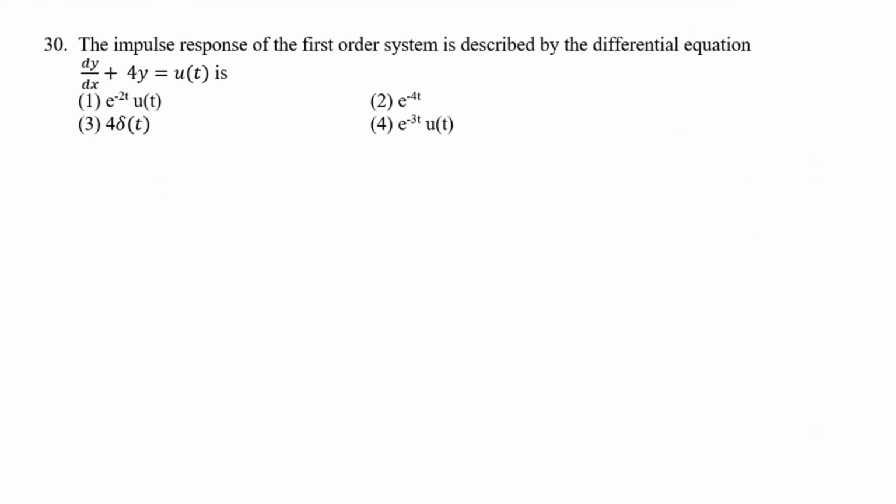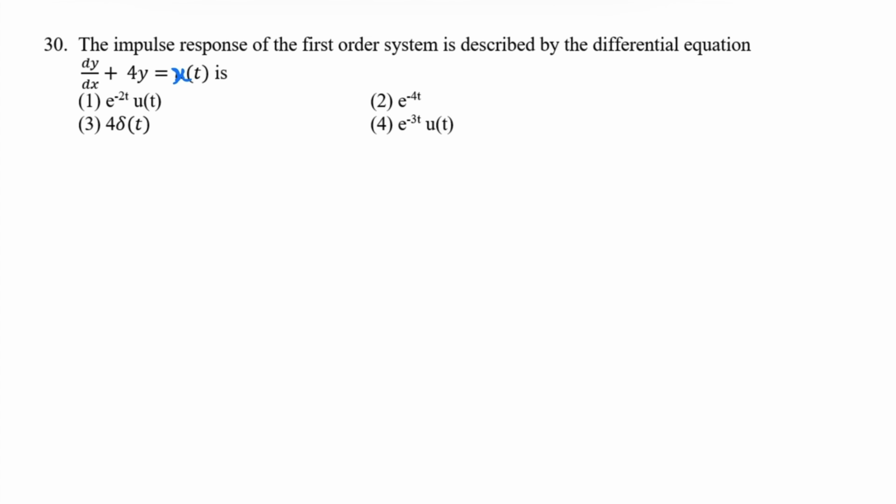Next question. The impulse response of a first order system is described by the differential equation dy by dt plus 4y is u of t. Let us consider this u of t as x of t, because if we take u of t, we can assume that it has a step response from signals and systems.